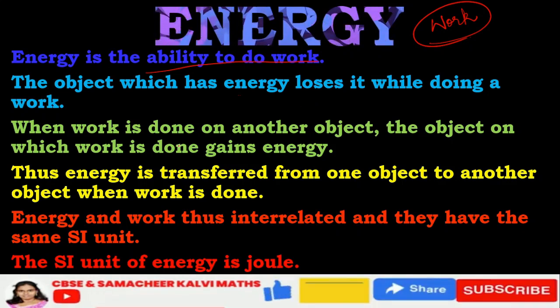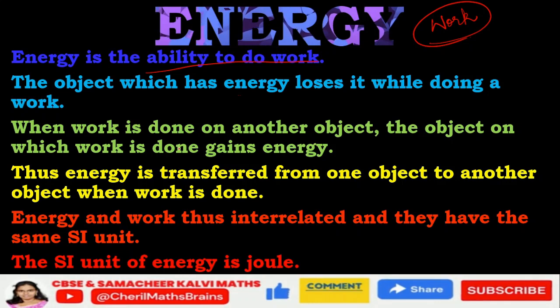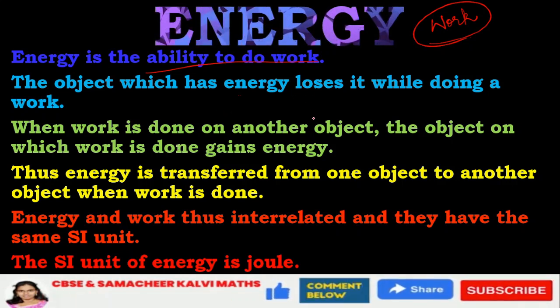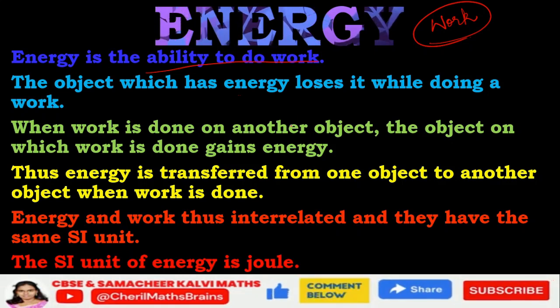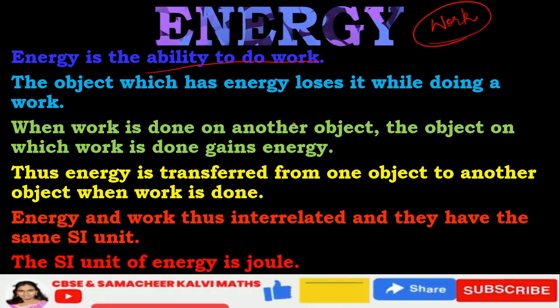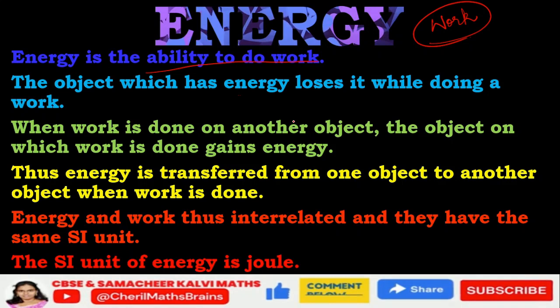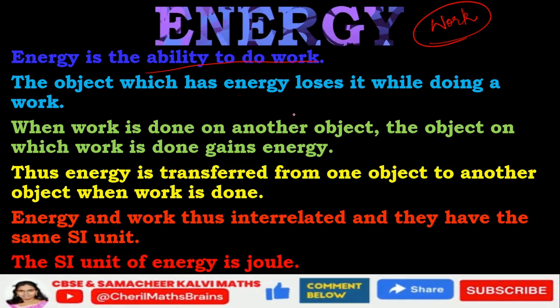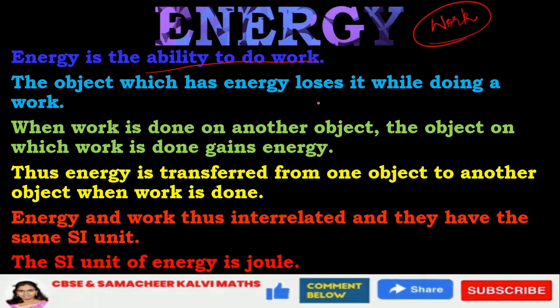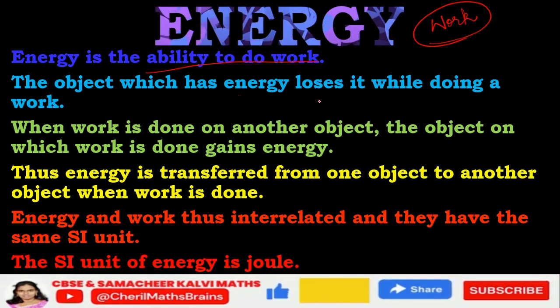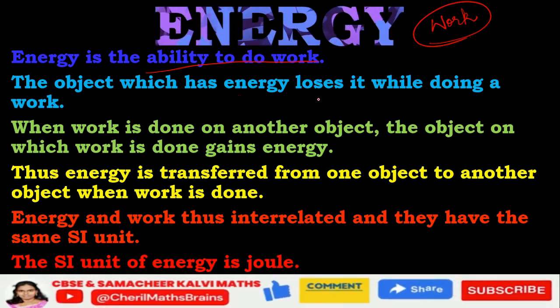So who is doing the work? We are doing the work, so we lose the energy. The child on whom the work is being done gets energy, and on reaching the 3rd floor, the child will have enough energy to play, but we have already lost the energy.